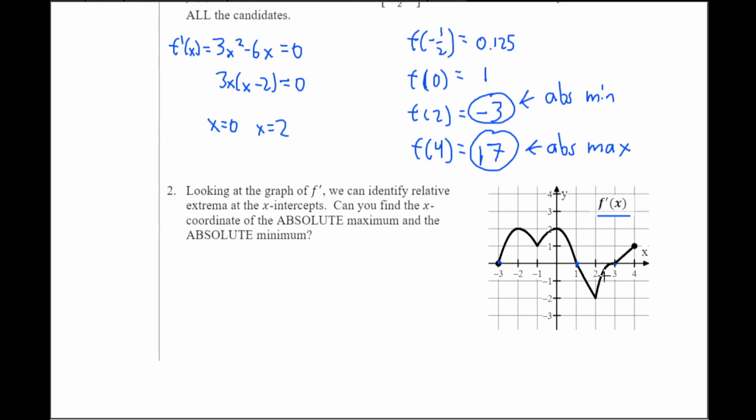Remember, whenever f prime is greater than 0, f is increasing. Whenever f prime is less than 0, f is decreasing.